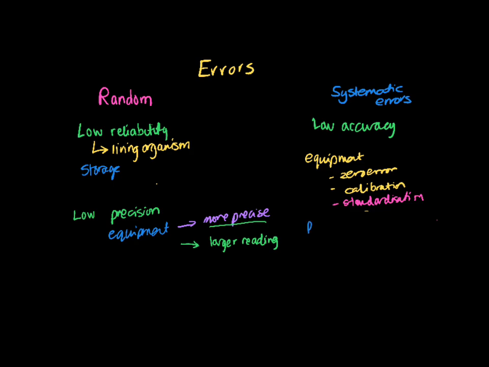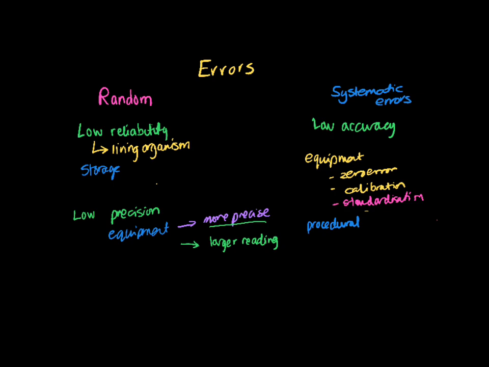The other thing is you need to look at procedural issues, things that might always be causing an effect in one direction. So if you were measuring light emission, but you always had a background amount of light, that would always increase your light reading, because you would have light coming from somewhere, not just your experiment.